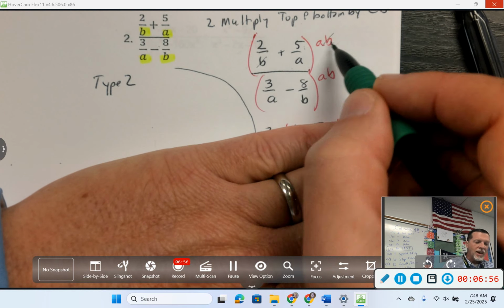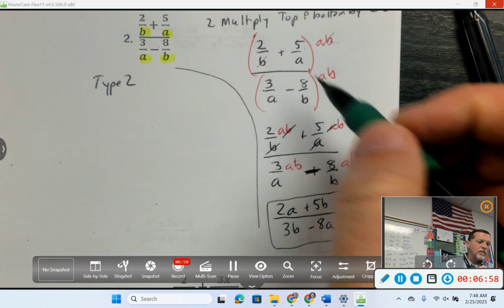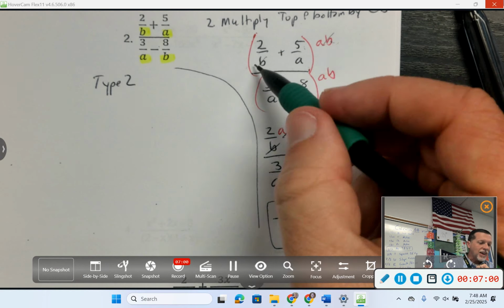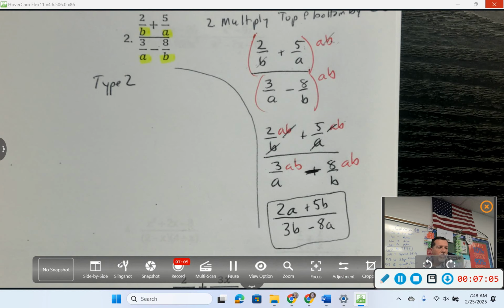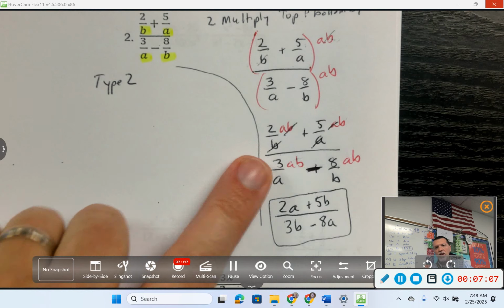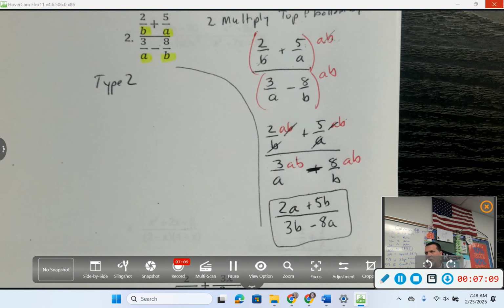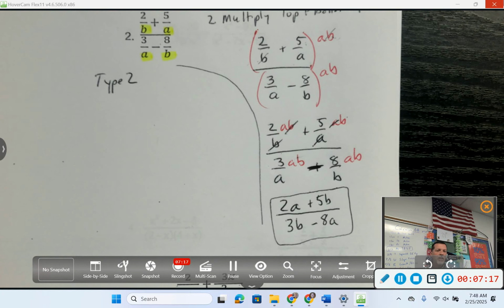So don't be doing that, because it goes to both. And yes, it cancels on the first, but it didn't cancel on the second. So that's why I show this step the first time through, to make sure each term gets the ab. So all the denominators are canceled, and then whatever's left over in the top, fine, but we don't have any denominators left.